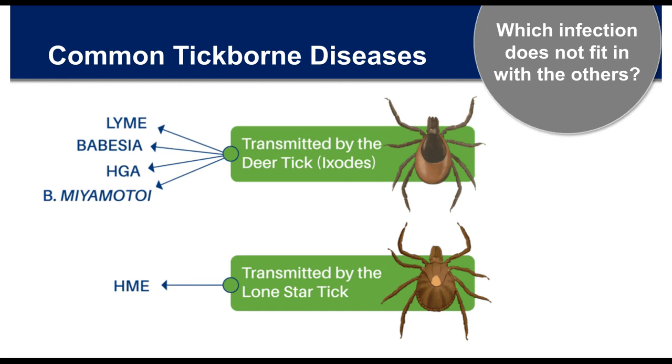You can't get any of the deer tick transmitted diseases unless there is the vector there. There are large parts of this country, most of the western half of this country, where the lone star tick is not found, so you can't get HME in those regions. It's important to know a little bit about your local epidemiology.